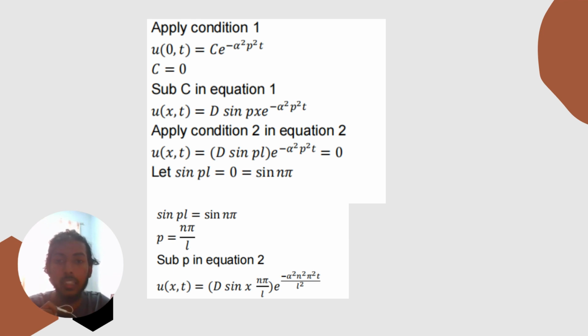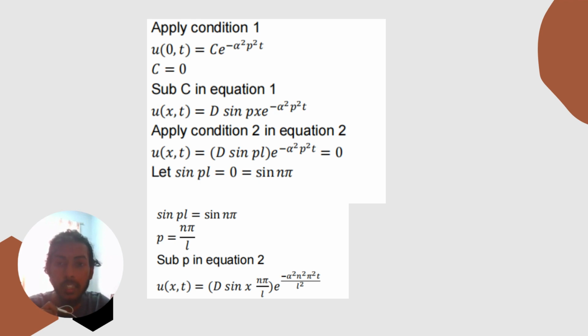So we all know that the first point and the end point of the rod, we need to make equal to 0. So we make the equation equal to 0, and we can let sine pl equal to 0. And we all know that sine n pi is equal to 0 and cos n pi is equal to negative 1 power n.